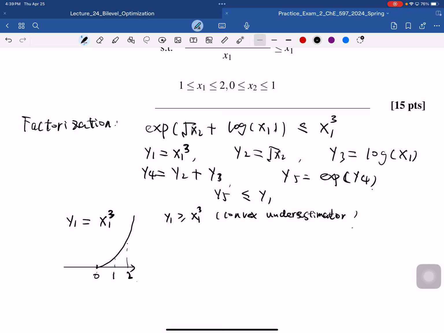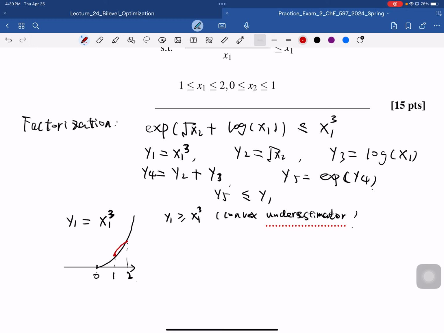Now, how do we come up with a concave overestimator here? Just do a linear interpolation, right? If x1 is between 1 and 2, then your overestimator is essentially a straight line segment connecting these 2 points.